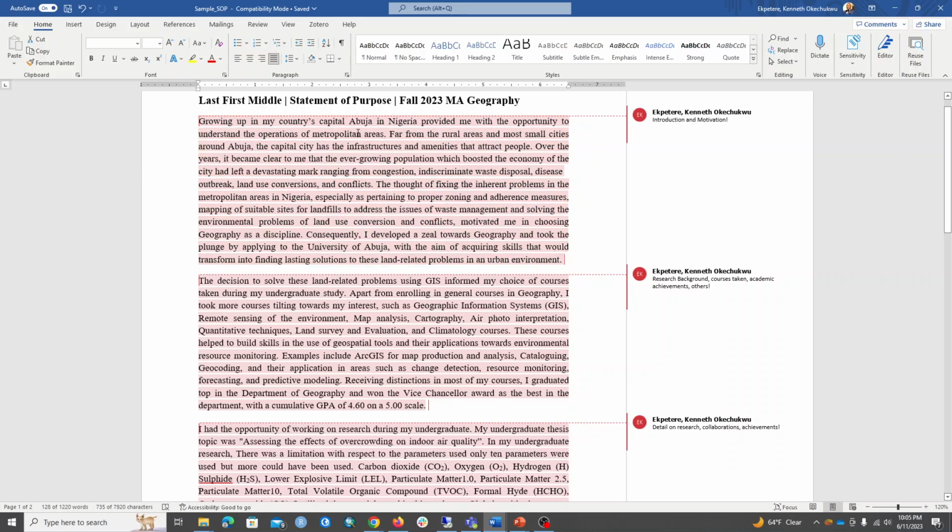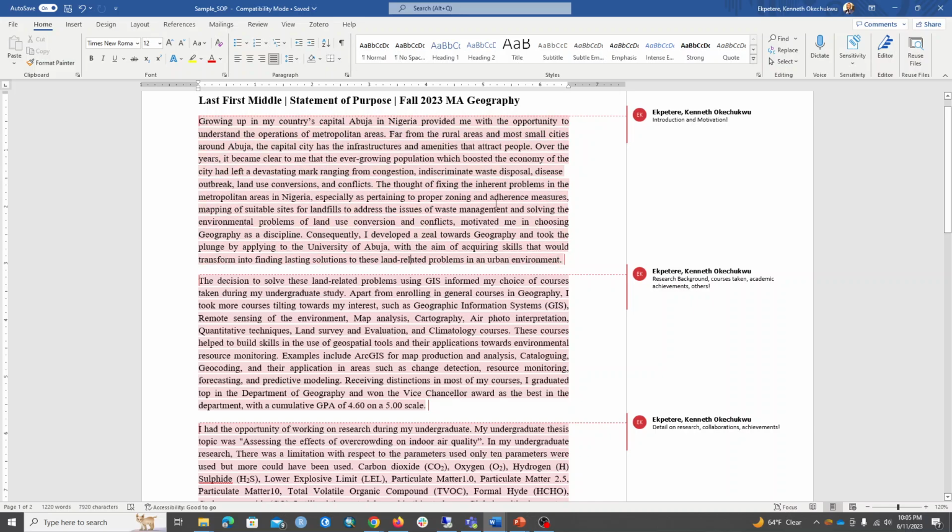Growing up in my country's capital, Abuja, in Nigeria, provided me with the opportunity to understand the operations of metropolitan areas. Far from the rural areas and most small cities around Abuja, the capital city has the infrastructures and amenities that attract people. Over the years, it became clear to me that the ever-growing population, which boosted the economy of the city, had left a devastating mark ranging from congestion, indiscriminate waste disposal, disease outbreak, land use conversions, and conflict.